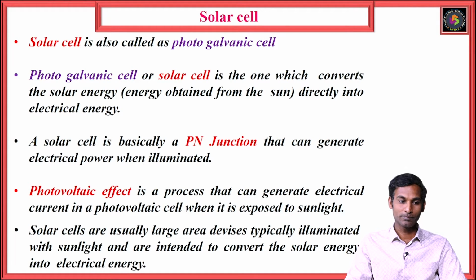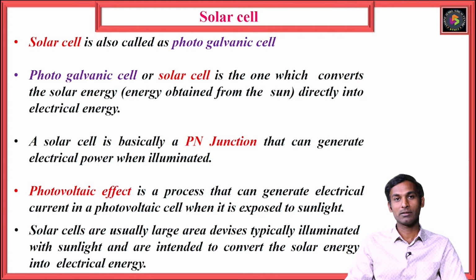The solar cell has one more name: photogalvanic cell. A photogalvanic cell or solar cell converts solar energy directly into electrical energy. Here the input is optical energy and the output is electrical energy, that means energy obtained from the radiation of the sun.